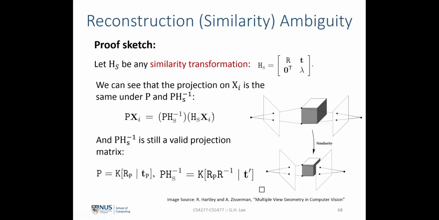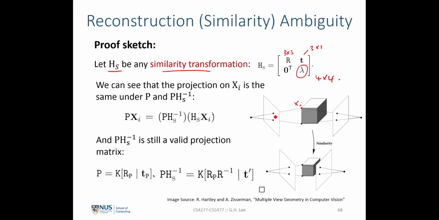So let's denote HS as any similarity transformation. This is a 4x4 matrix where the first 3x3 is a rotation matrix and the last 3x1 is a translation vector, and there is a scale factor which we denote as lambda in the last element. According to the camera projection equation, let's denote this particular point as capital Xi.